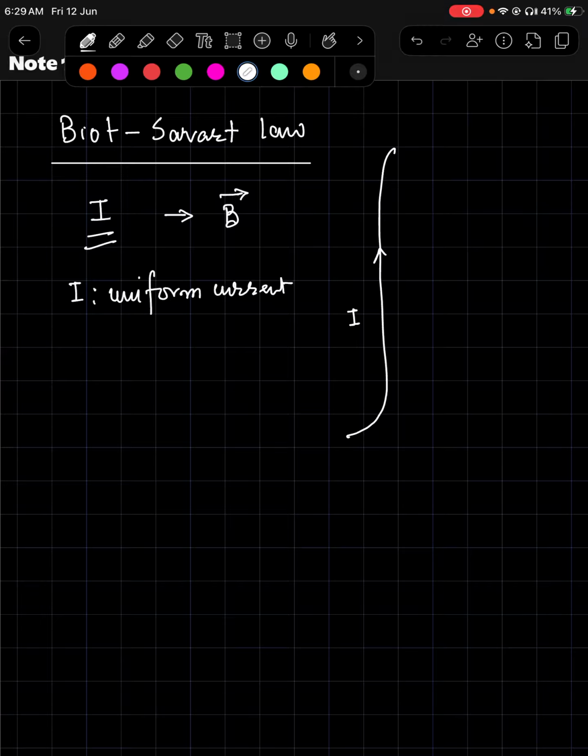We have to find the magnetic field at a distance r from the wire at any angle. The position vector of this point is vector r, and we have to find the magnetic field at the point P.